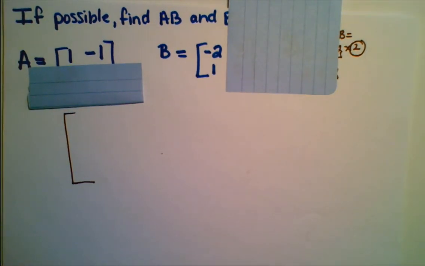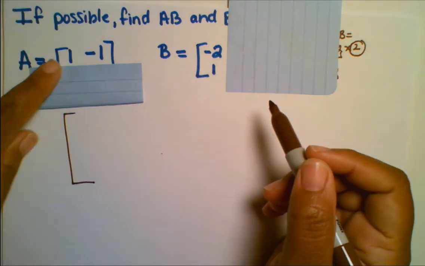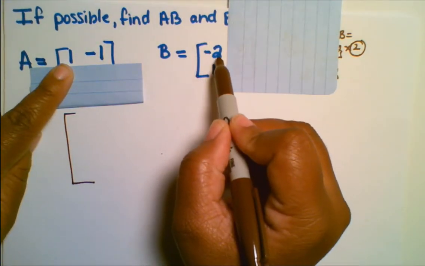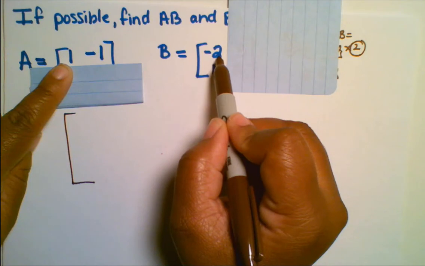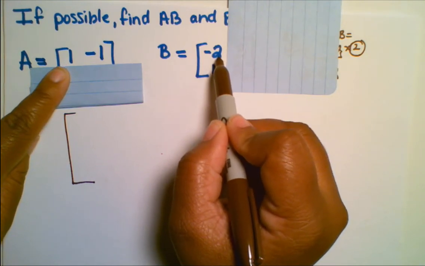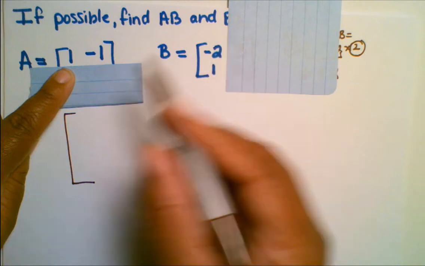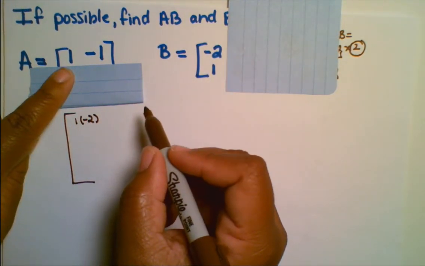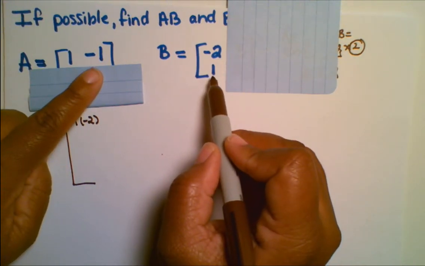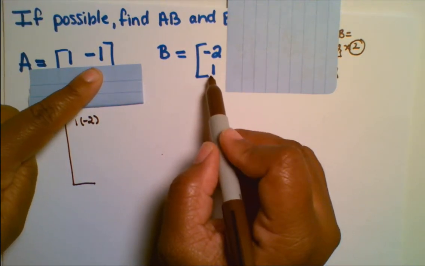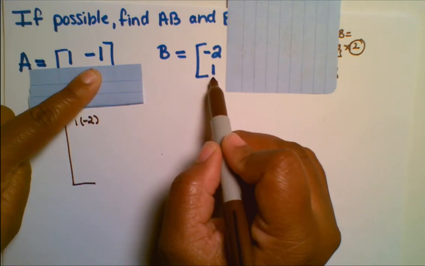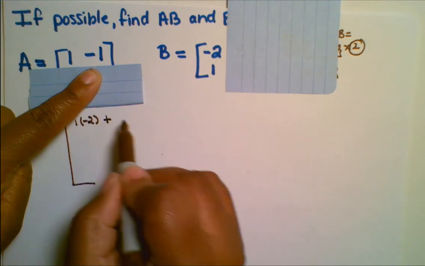We're going to multiply the first element in the first row of A and the first element in the first column of B. So we're going to multiply 1 and negative 2. Then we multiply the second element in the first row by the second element in the first column, and add those together.